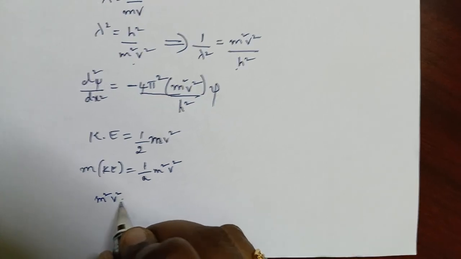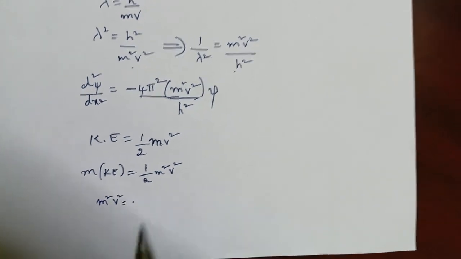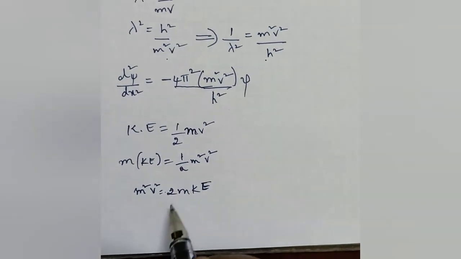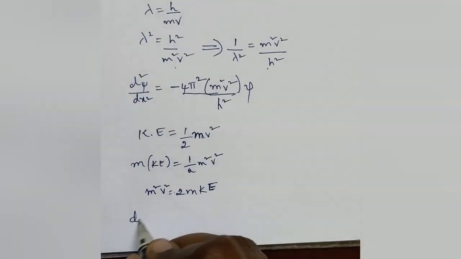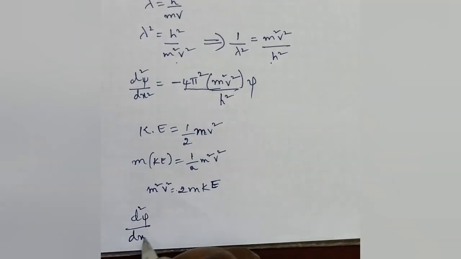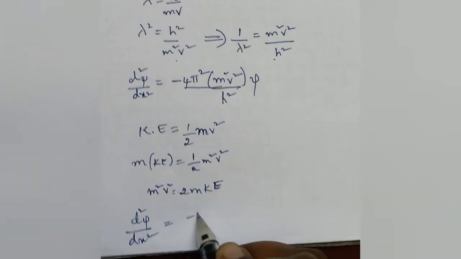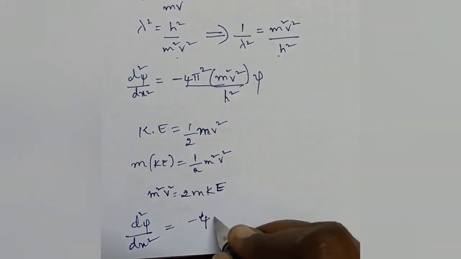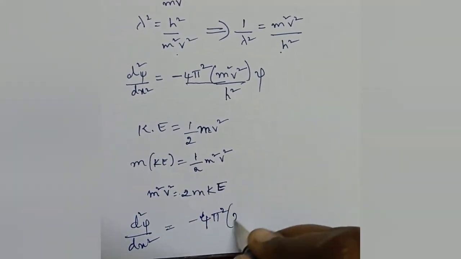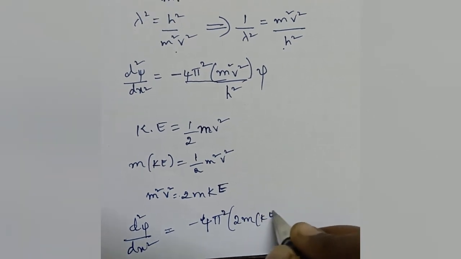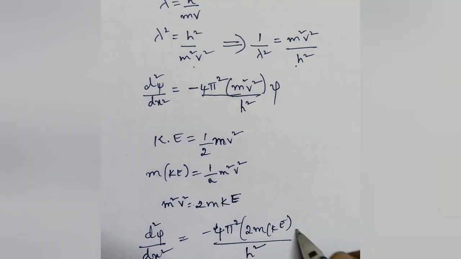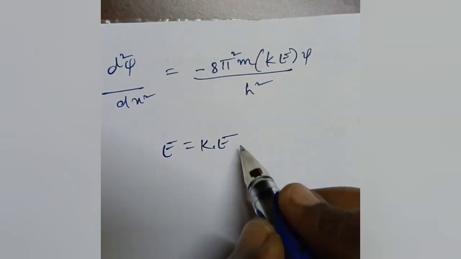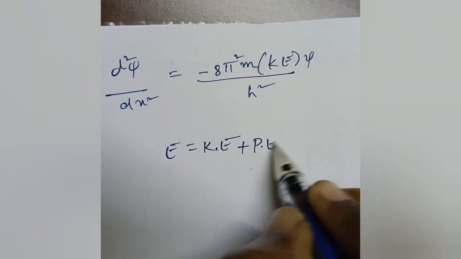Then substitute this value here. Then d square psi by dx square is equal to minus 4 pi square into 2m KE divided by h square into psi.